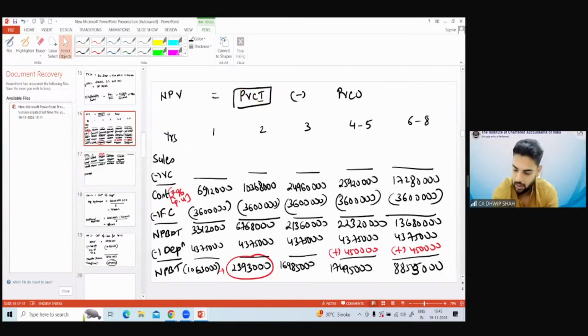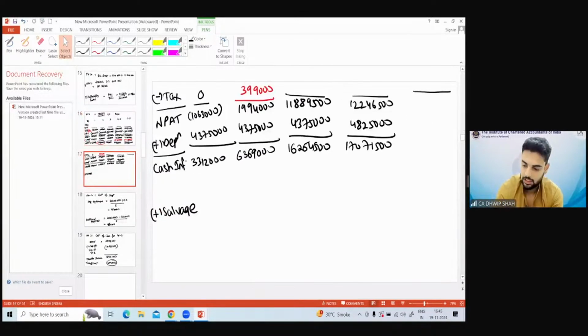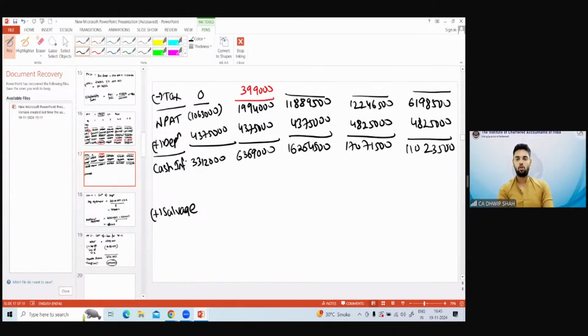Similarly, let's calculate after tax cash flows from year 6 to 8. 6198 500 plus 4825. So 110,23,500. These are my cash inflows from operations from year 1 to 8.